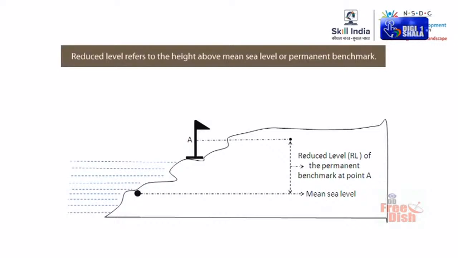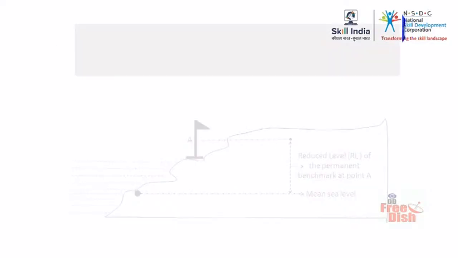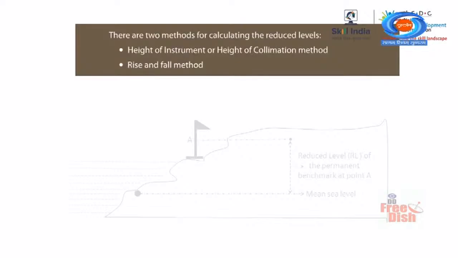Reduced level means the vertical distance between a given point and the surface of the benchmark or other reference level such as the mean sea level. There are two methods for calculating the reduced levels: height of instrument or height of collimation method, and rise and fall method.